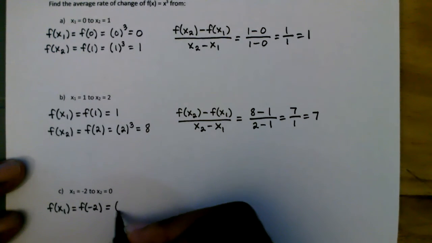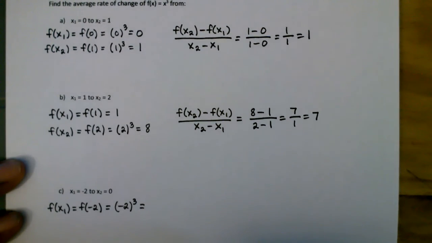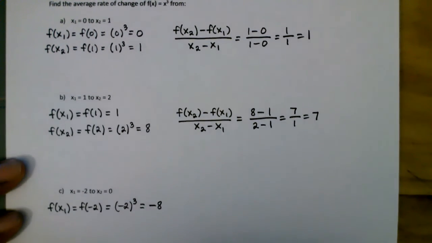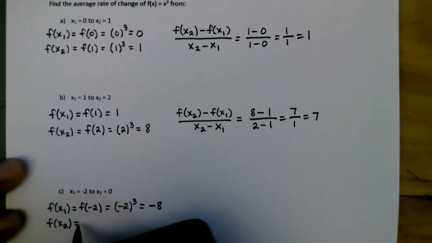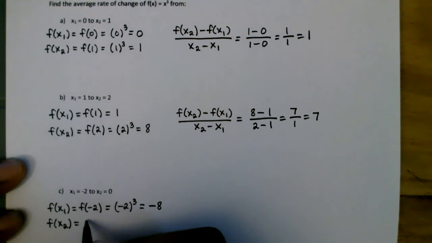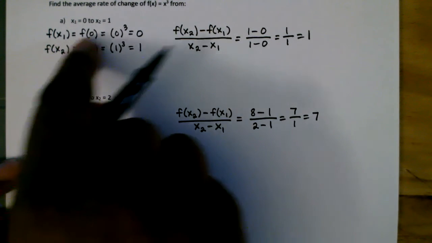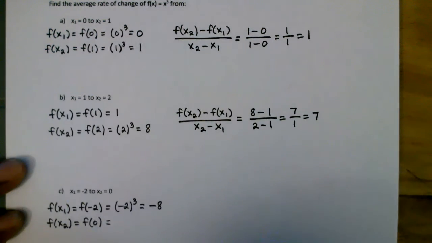So we got negative 2 cubed, which is negative 2 times negative 2 times negative 2, or negative 8. And then we're going to find f of x2. And in this case, x2 is 0, so we need to evaluate f of 0, which we already found in part A. F of 0 was evaluated to be 0, so let's use that.